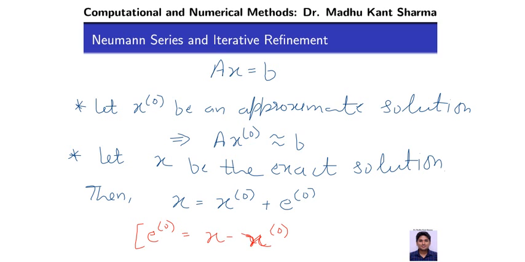If you write it further, this is equal to A inverse of B minus A inverse of A X0. Further, if you write it clearly, E0 is equal to A inverse of B minus AX0.